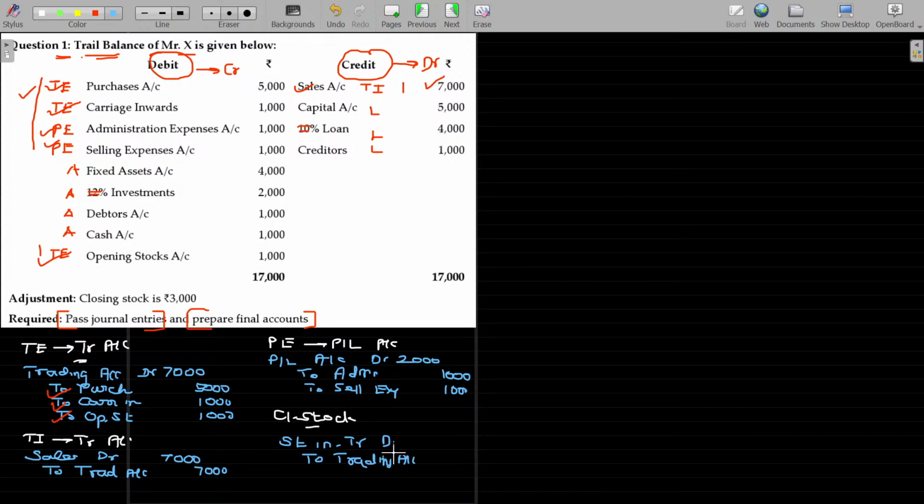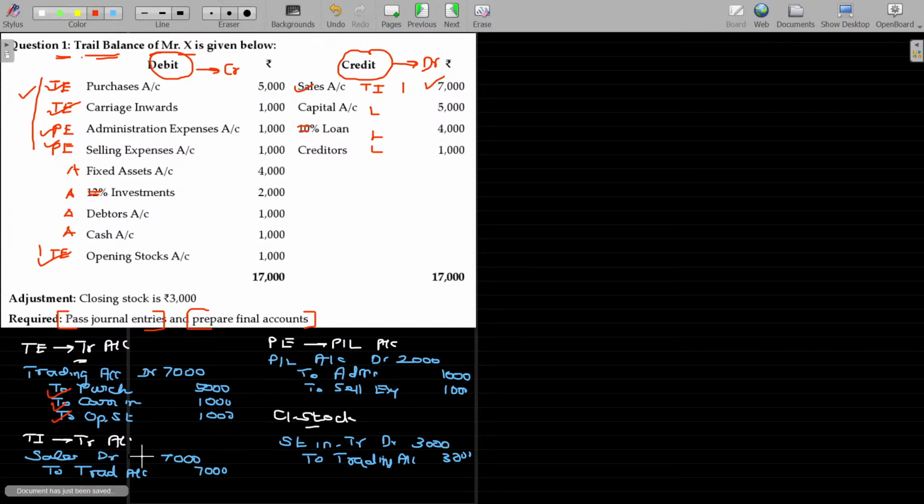In the next illustration, the stock account is going to be handled in a different way. Let me now go with the basic model where the closing stock in trade is transferred to the trading account, the value being 3,000. So I have passed the entries here.